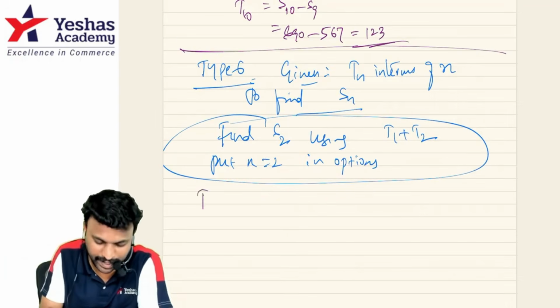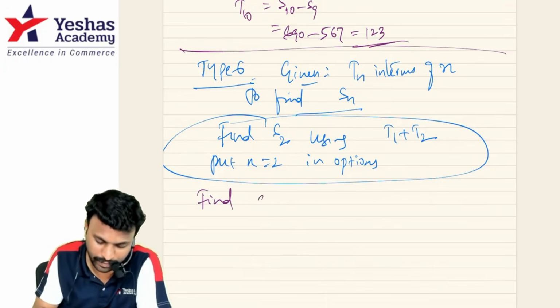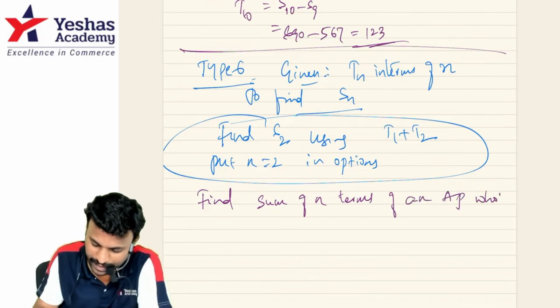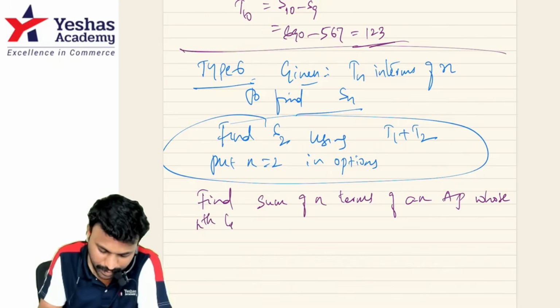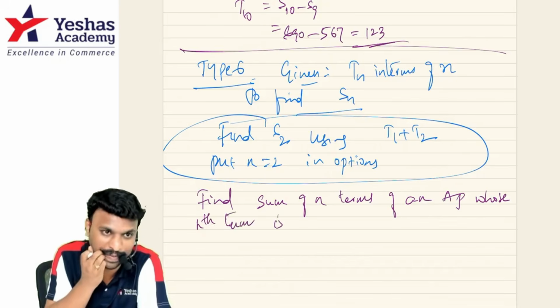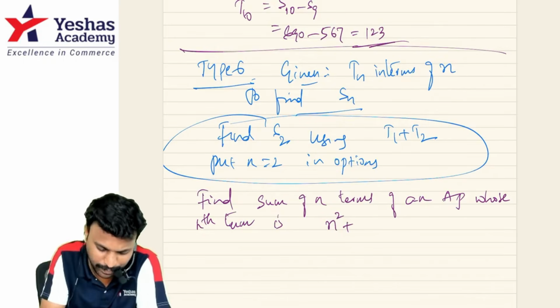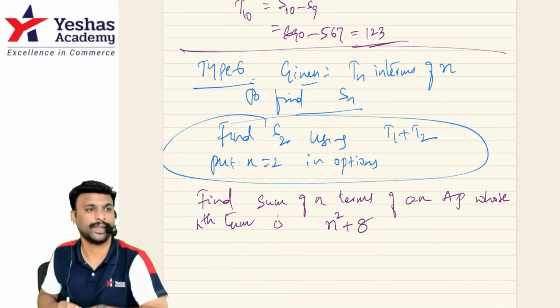Find the sum of n terms of an AP whose nth term is n plus 8.